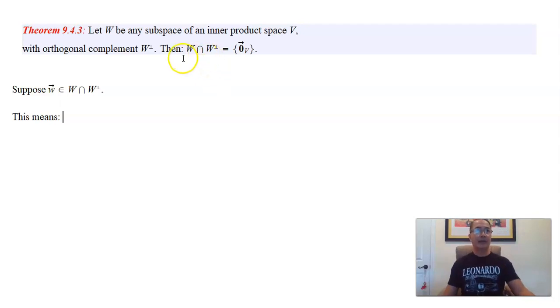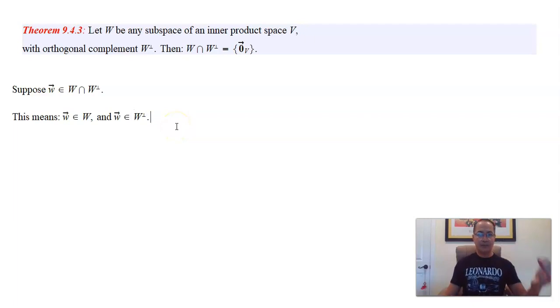Okay, so how do we do this? Well, it's almost the same idea as usual. Pick somebody in the intersection, show that there's only one somebody in that intersection, the 0 vector. So let w be in the intersection of W and W perp. This means that w is from W, our subspace, and it also means that w is from the complement.